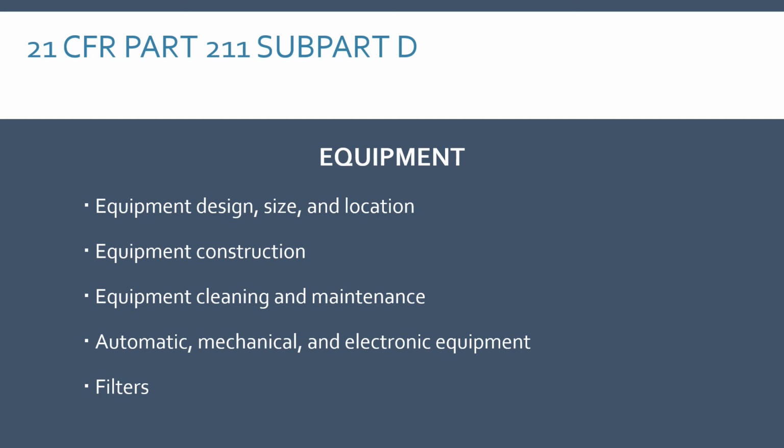Also, equipment construction, making sure that equipment that is holding pharmaceutical products isn't made of a material that could bleed into the product, be absorbed by the product, thus changing the product's end state and ultimately possibly harming the public. So equipment construction is a huge regulatory focus.